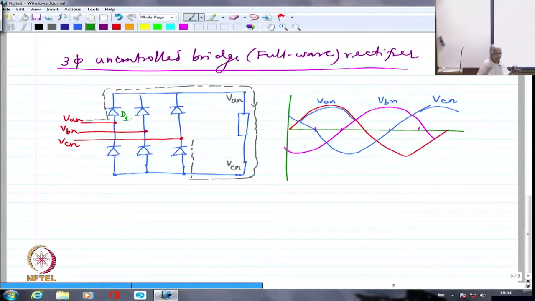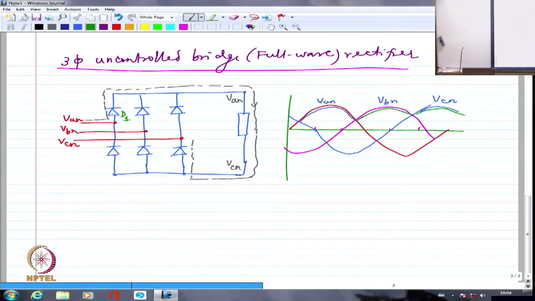After that, in the positive, I am going to have this one conducting, and after that in the positive this one will conduct. So I know for sure that I am starting with omega t equal to 0. At that point, A is not the most positive, but A becomes the most positive 30 degrees away from that. So I assume that the diode corresponding to A phase positive is D1.